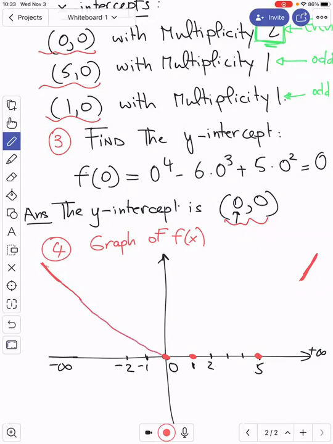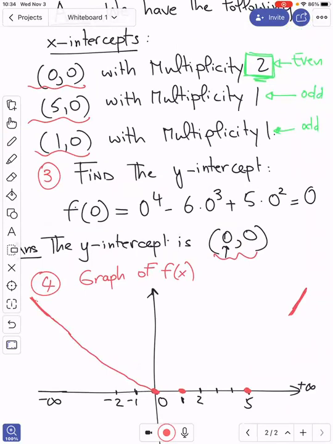All right. So when you arrive at 0, you touch 0, right? Then you have to decide whether you're gonna cross the x-axis or you don't cross the x-axis, right? And that's where you use the multiplicity, because we said the multiplicity of 0 is even, right? It's 2, so it's even, right? So we don't cross the x-axis.